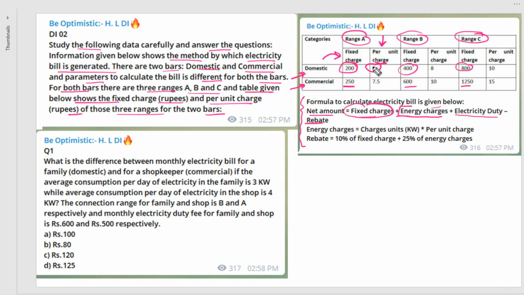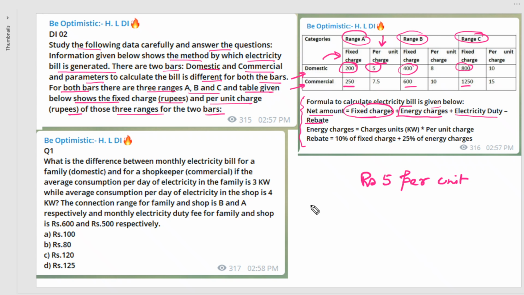Here 5 means rupees 5 per unit, right? So whatever amount you have consumed in the overall month, that is your unit, and the per unit charge is rupees 5. So the total is obviously the unit multiplied by 5, right?